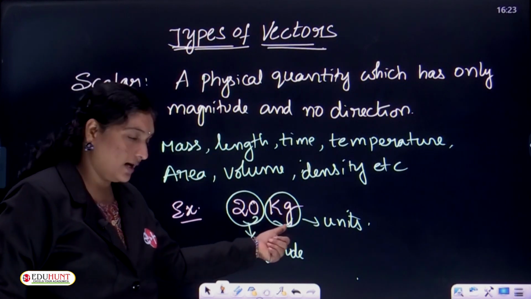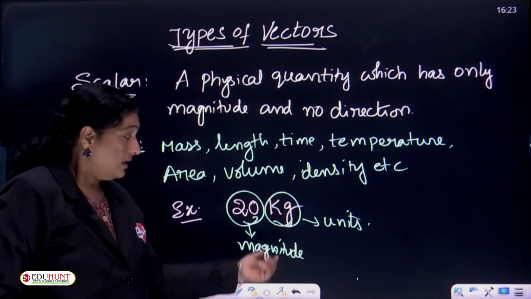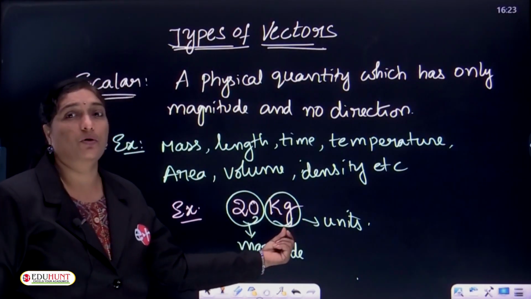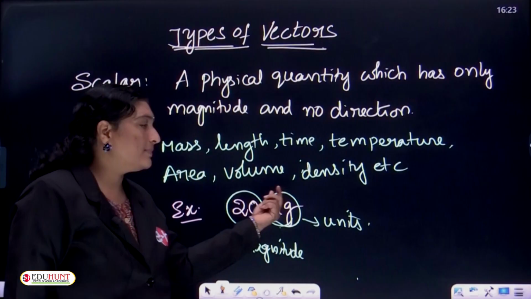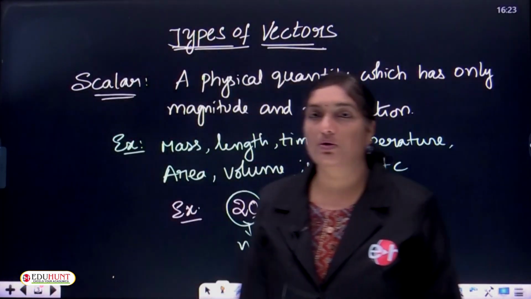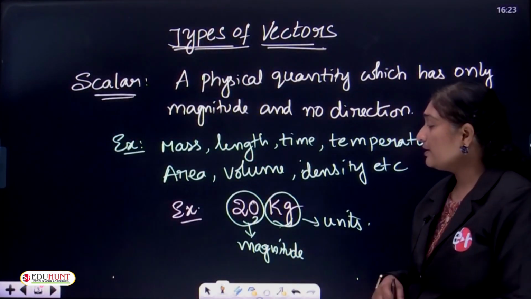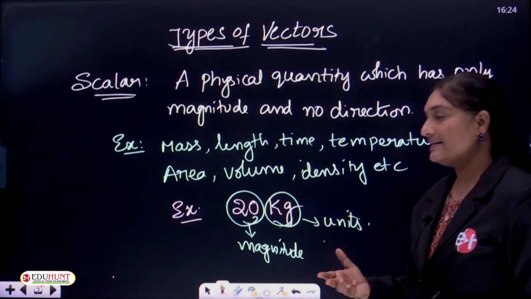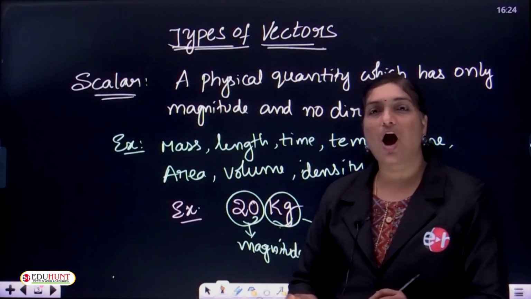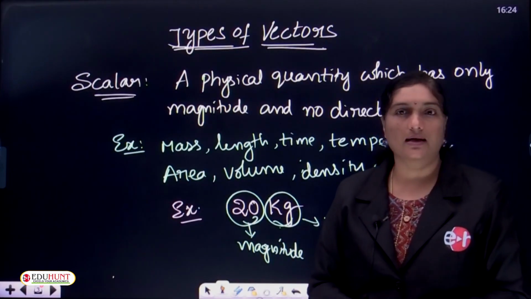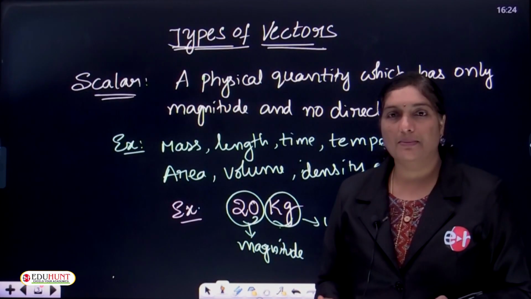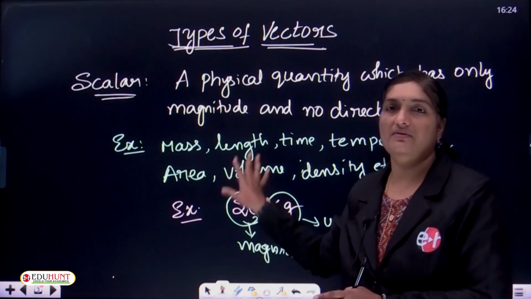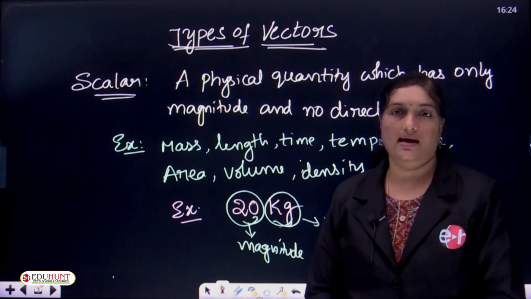If you write kg, it indicates mass. If meter, it tells us about length. If measured in seconds, it tells us about time. So the unit indicates what physical quantity it is, and the number indicates how much of that quantity is contained. Always remember, simple algebraic rules like addition, subtraction, multiplication and division are applicable for scalars.